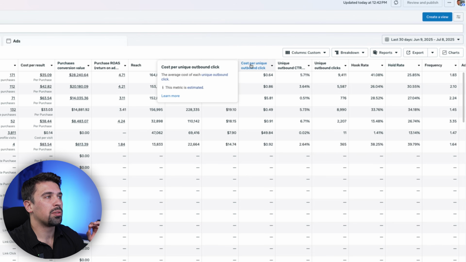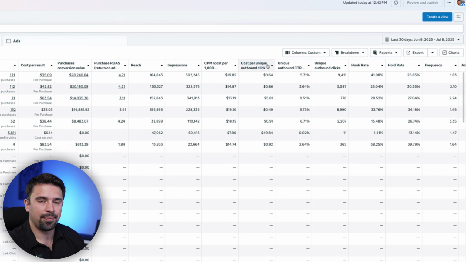Next, cost per unique outbound click. There's a big reason why we use cost per unique outbound click versus just a standard cost per click. Cost per click tracks any click on the ad anywhere. It could be on the primary text, the link, the image, your profile link, or in the comments.